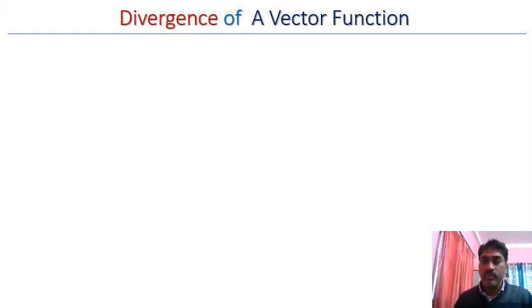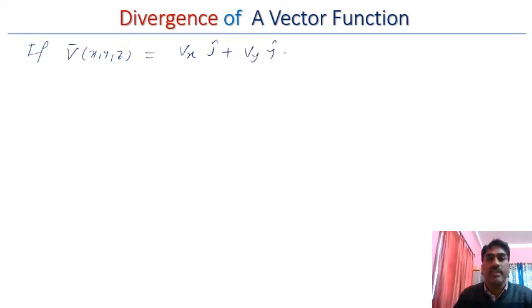Now we consider the dot product of the vector differential operator with a vector function. If V(x, y, z) = Vx i + Vy j + Vz k, this is a vector function. So del dot V, and actually there is no need to write a bar on del, as it is considered a vector operator.